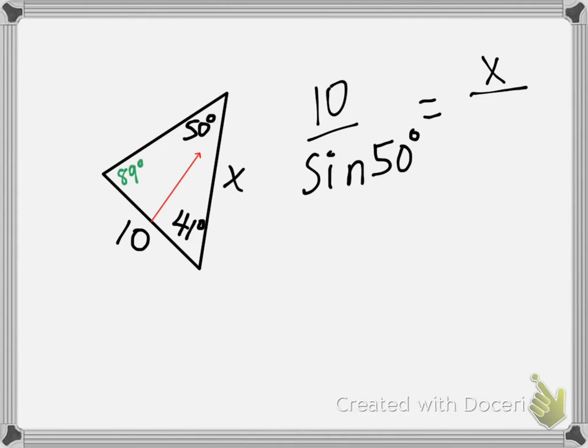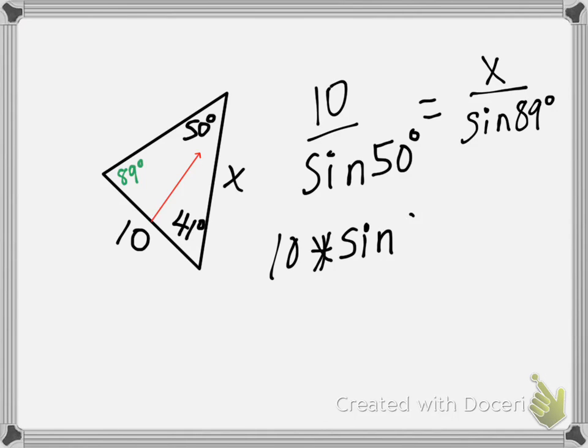Because we have another opposite relationship, we can now set up x over 80, sine of 89 degrees. Sine of 89 degrees. And now cross multiply. So we'll take the 10 and multiply that by the sine of 89.